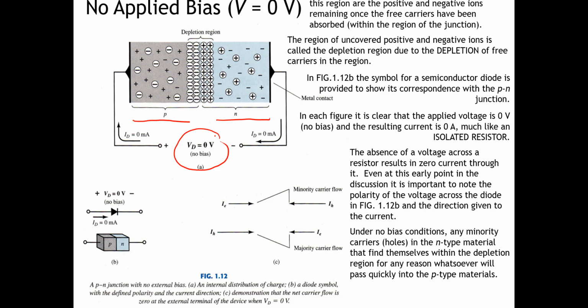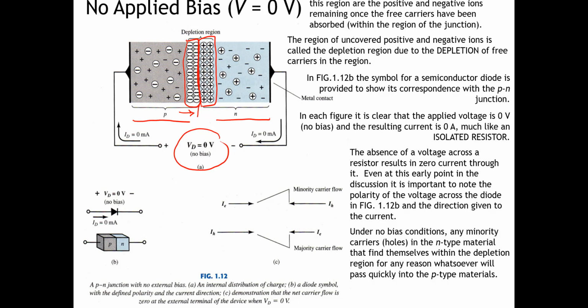So the minority carrier in semiconductor type P, which is the electron, will go to the junction. And the minority carrier of N type, the hole, will also go to the junction. The combination of the two minority carriers will create the depletion region.